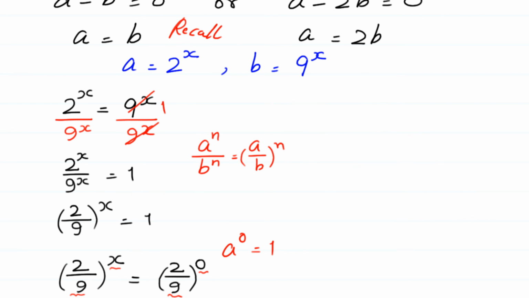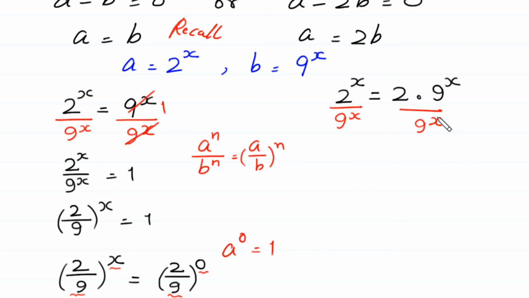Now in this equation a is equal to 2b. We put the value of a 2 to the power x and value of b 9 to the power x. Value of a is 2 to the power x is equal to 2 times value of b 9 to the power x, and we divide both sides by 9 to the power x.